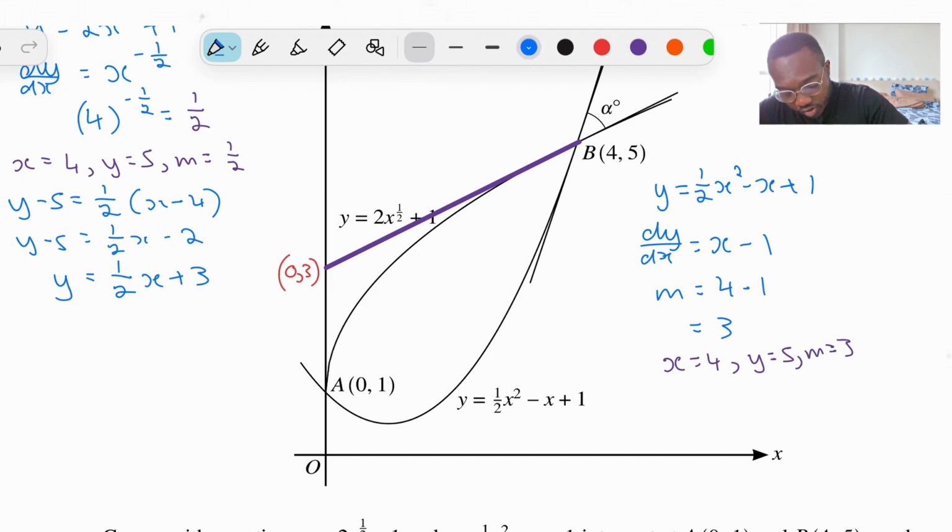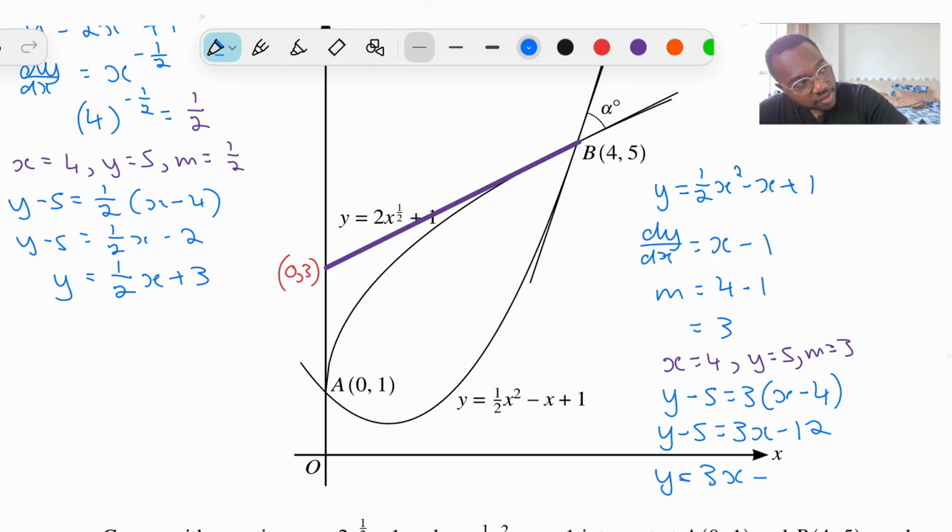Put that into the equation of a straight line. We get y minus 5 is equal to 3(x minus 4), which means y minus 5 is equal to 3x minus 12. So therefore we end up with y is equal to 3x minus 7.